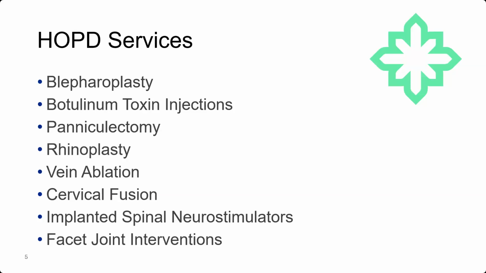So each of these categories have one or more specific CPT codes that are subject to the prior authorization process. And I think this seems to be one of our levels of confusion here, because providers look at these categories and think that it's all facet joint interventions or it's all rhinoplasty services. But there is a list of specific CPT codes that are subject to this prior authorization process.